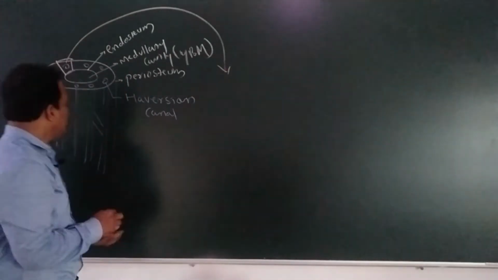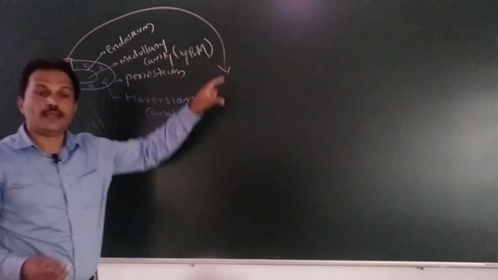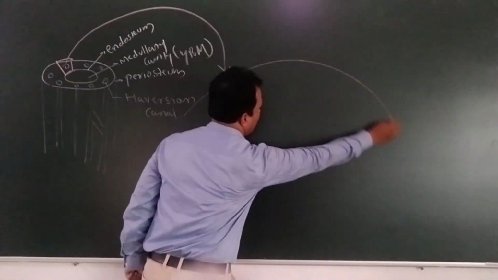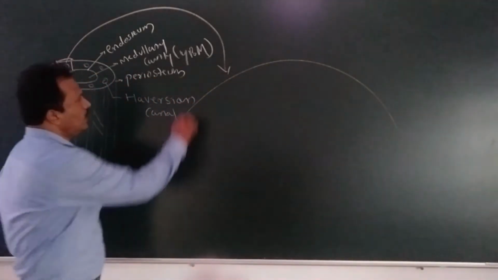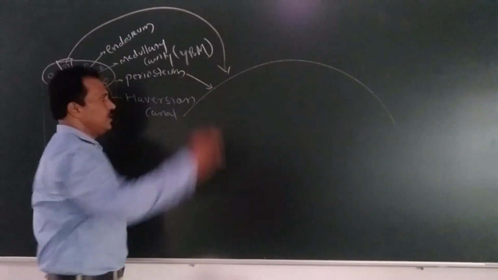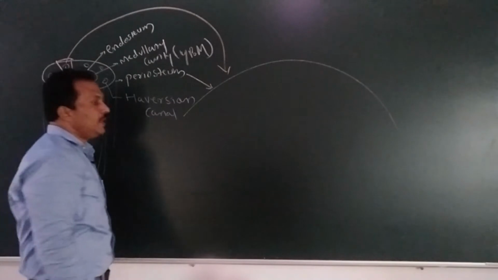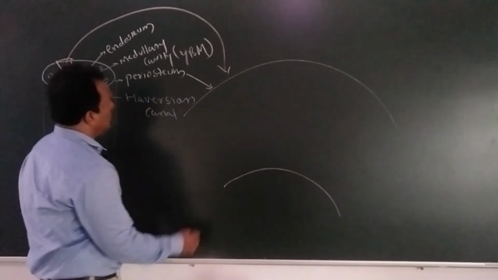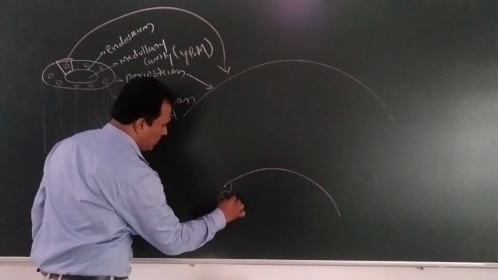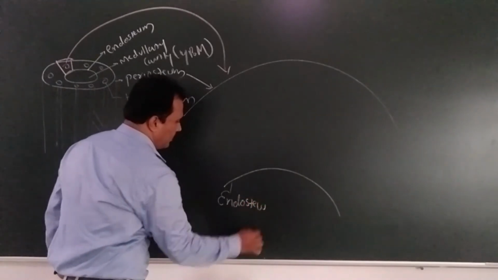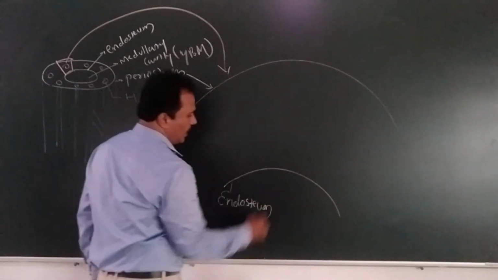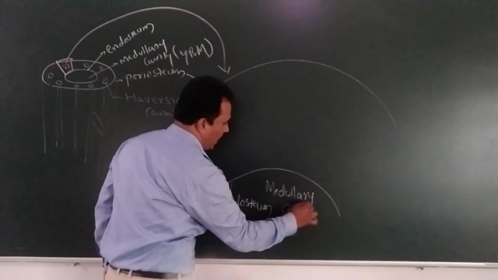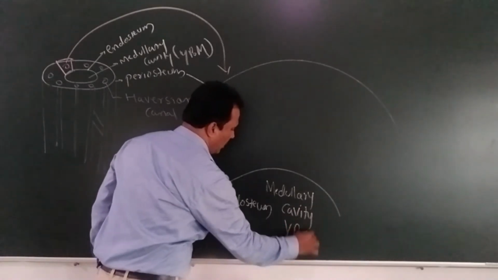When we talk about this highlighted piece, this is the outermost layer, which is the periosteum, and this is the innermost, the endosteum. Here is the medullary cavity, where you will find the yellow bone marrow.